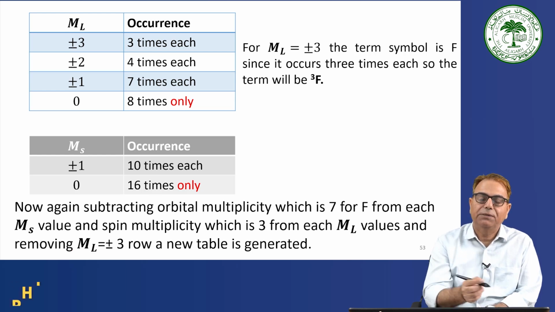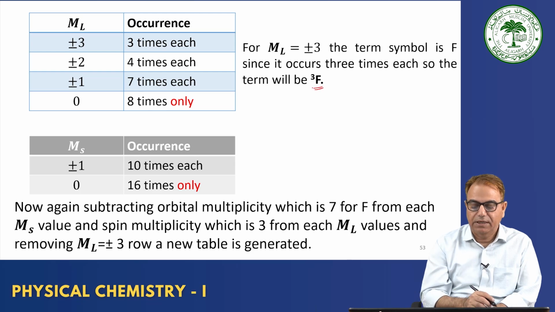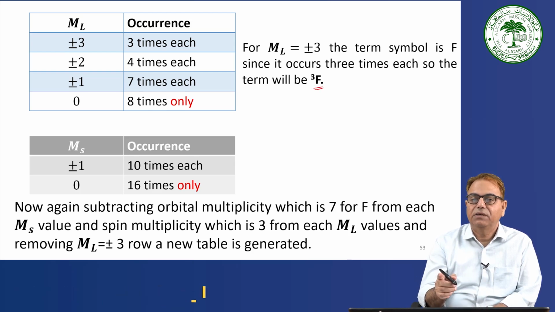Now here again do the same thing. From this table, write the highest ml value and the corresponding term. The highest ml value is 3, so the symbol will be F, and it is 3 times each, so it will be triplet F. Now the orbital multiplicity is 2 multiplied by 3 plus 1, which is 7.